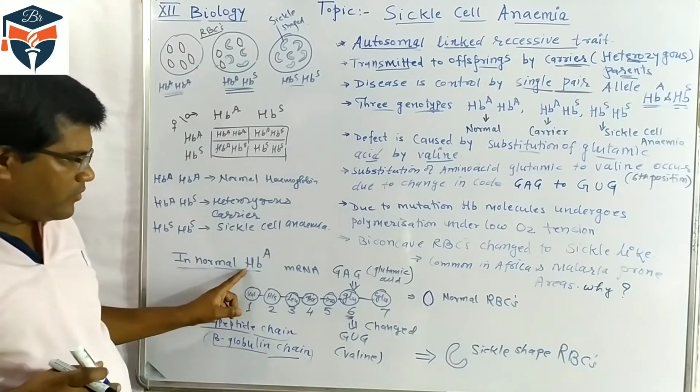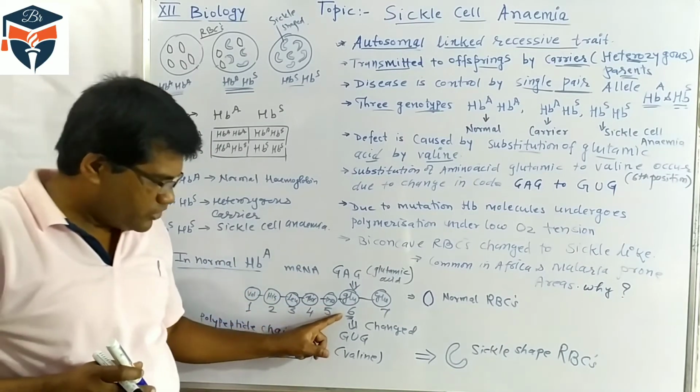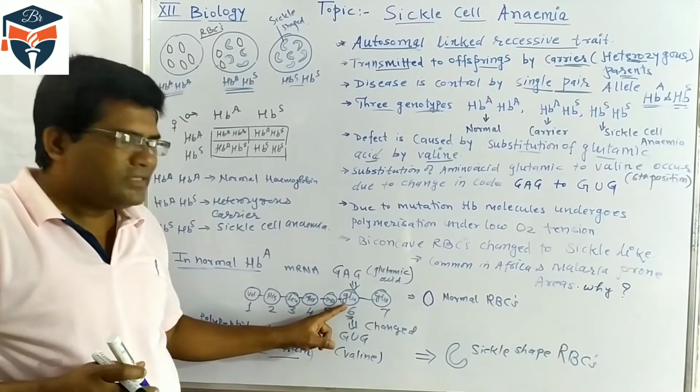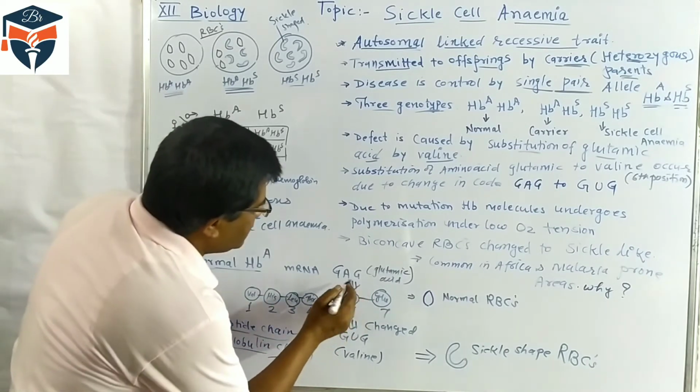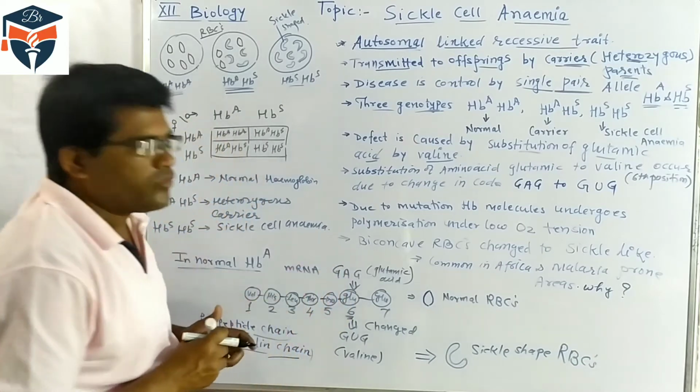So in normal hemoglobin, on the sixth position, glutamic acid is synthesized, and this glutamic acid is synthesized by one genetic code.